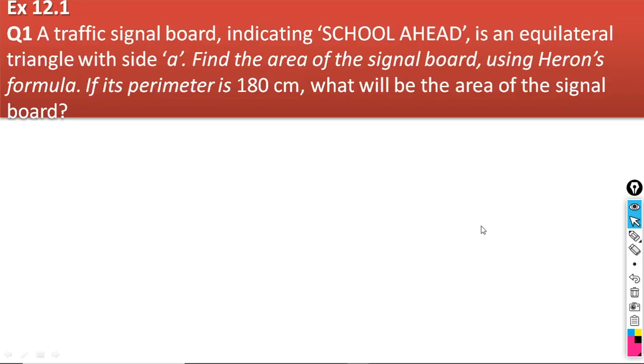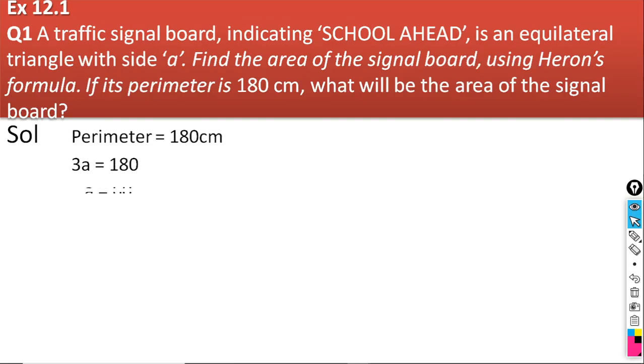Now this is another problem. In this problem, an equilateral triangle is given whose perimeter is 180 and it is asked to find area of a board. Since perimeter is 180 centimeter, it is an equilateral triangle, all sides are A. So each side will be equals to 60 centimeter.